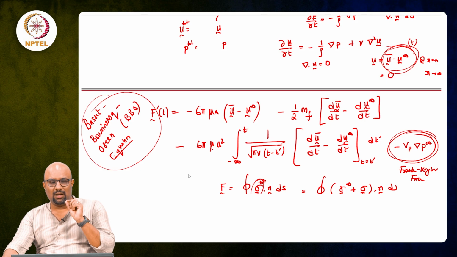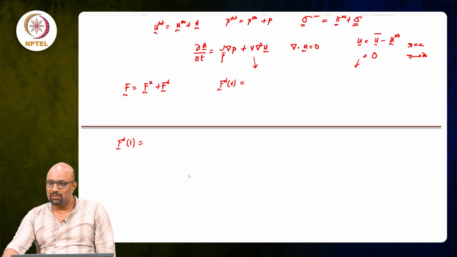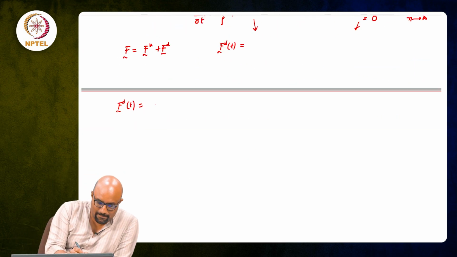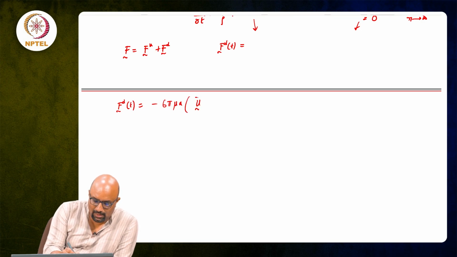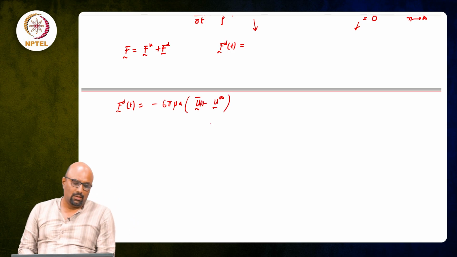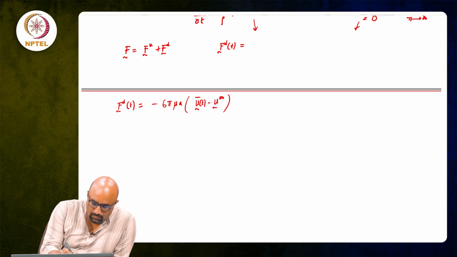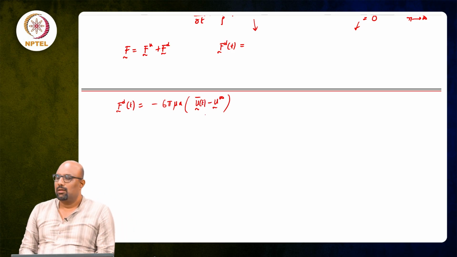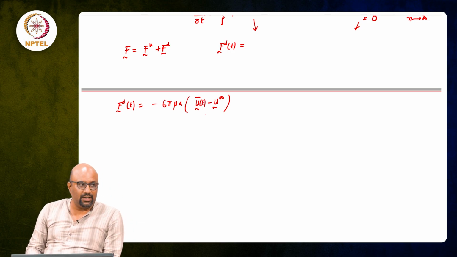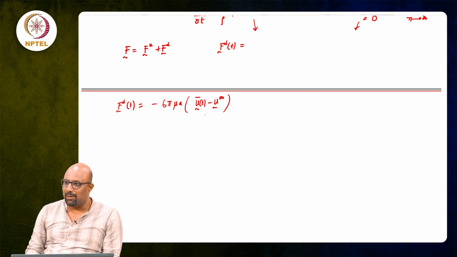But there is an important point you need to realize here. Let us focus on the quasi steady Stokes drag. Where is u infinity? U infinity is a spatial function, not just a temporal function.